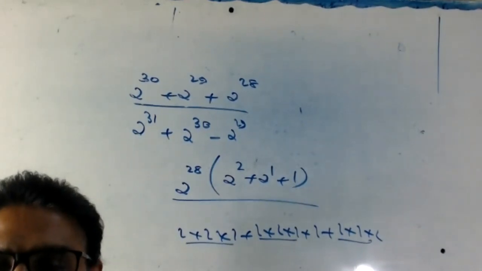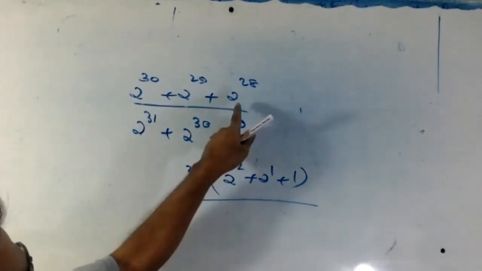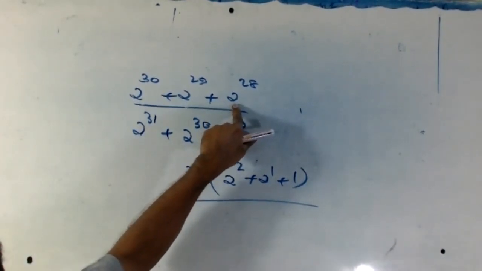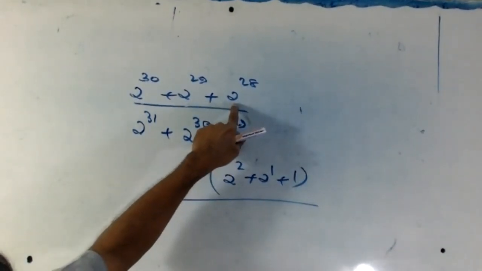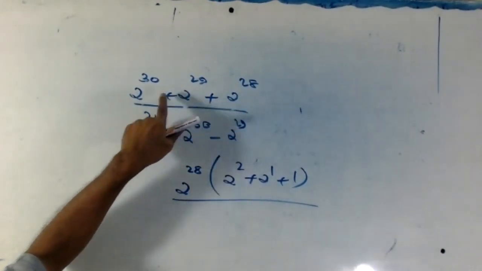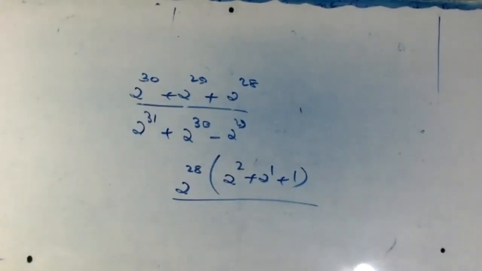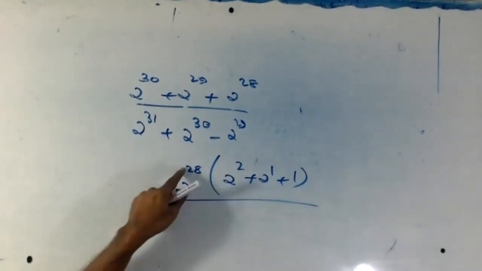Okay, Halima. Once again, how many 2s are there? Here 28 twos, here 29 twos, here 30 twos. So we can take 28 twos outside, 2 raised to 28.